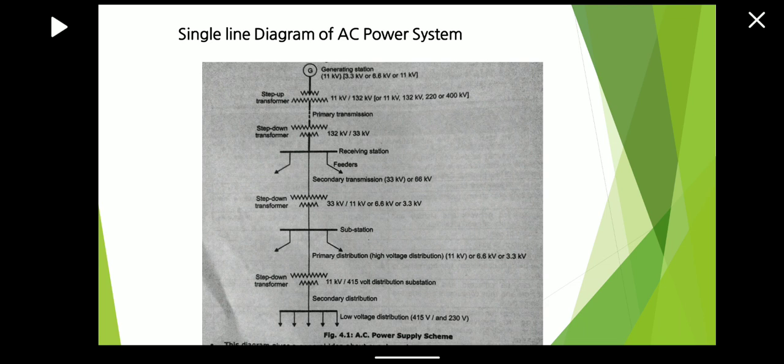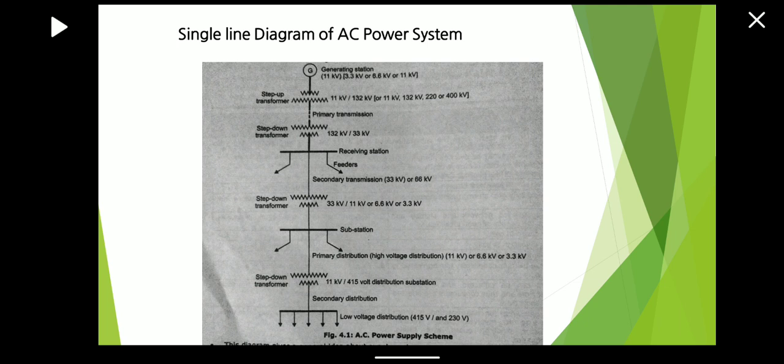In primary transmission, power at high voltage, that is 132 kV, 220 kV or 400 kV, is transmitted by means of the primary transmission line. It is a 3-phase 3-wire system, that means an overhead tower line.